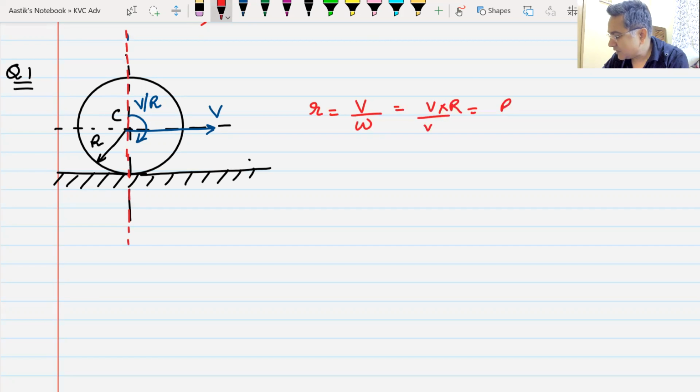So it must be at a distance r from this. Now there are only 2 points at a distance r from this, point A and point B. Which is that point? A or B?